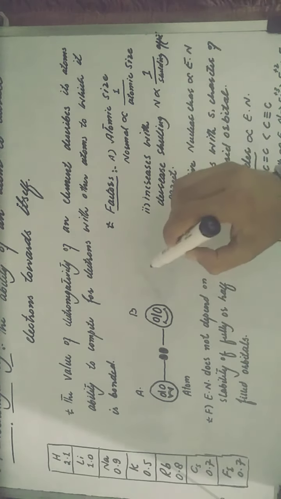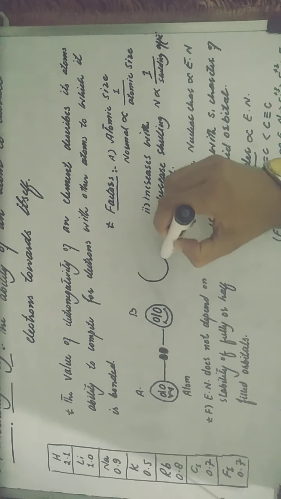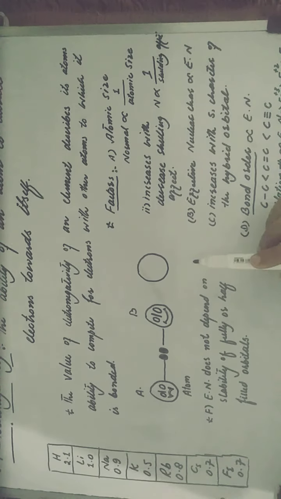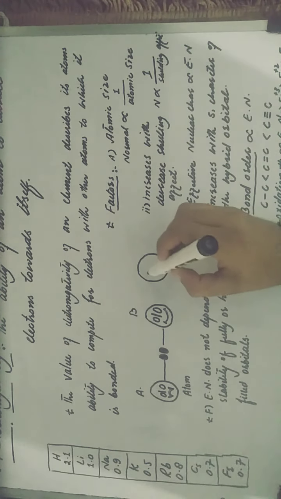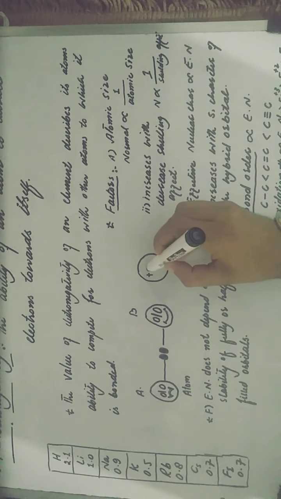The other factor is the effective nuclear charge. Suppose this is an atom's nucleus, and you move from left to right in a period. What happens? The positive charge in the nucleus increases.